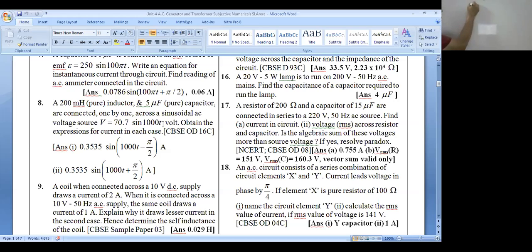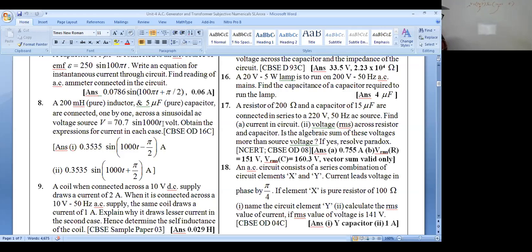Comparing, V is the instantaneous value, V naught is 70.7, the maximum value, and omega here is 1000. So the maximum value is 70.7 and omega is 1000 radian per second.